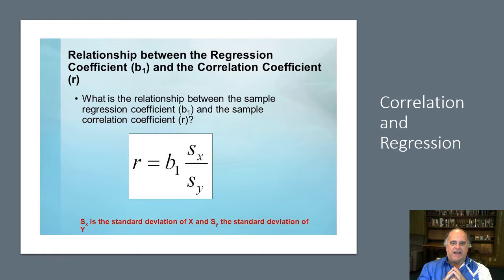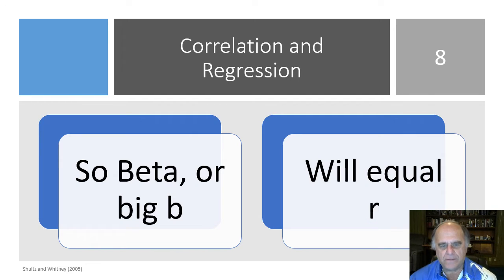So if we're calculating beta or big B, it will equal R, the correlation coefficient. And again, that's if we're talking about a simple regression with only one variable.